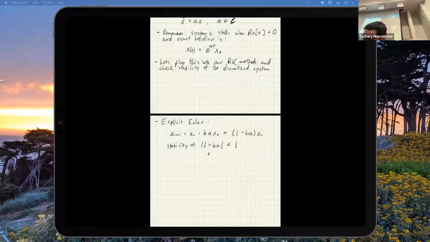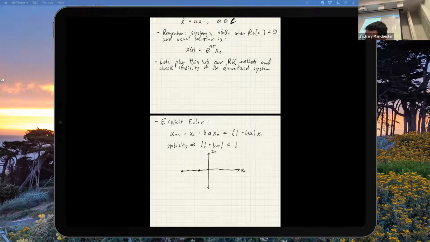Cool. So here's what this looks like. I'm going to draw the complex plane. So this is the real axis, the imaginary axis, and we basically have this thing centered over here.